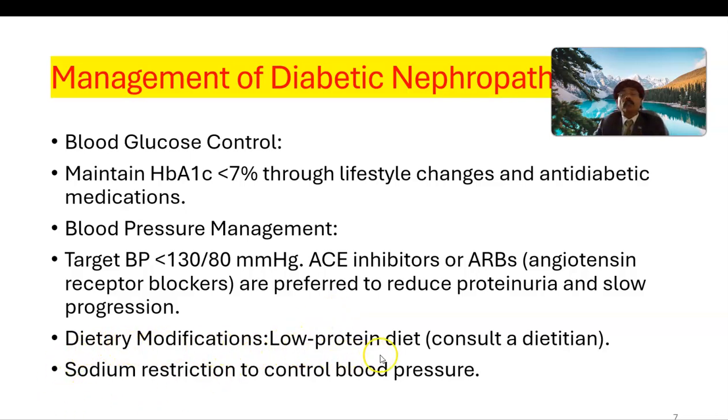Dietary modification: low protein diet, consult a dietitian. Sodium restriction, so no table salt. Salt should be minimum, no additional salt. That should help in the maintenance of normal blood pressure with the medication, certainly, and will not cause deterioration of blood pressure, hypertension.